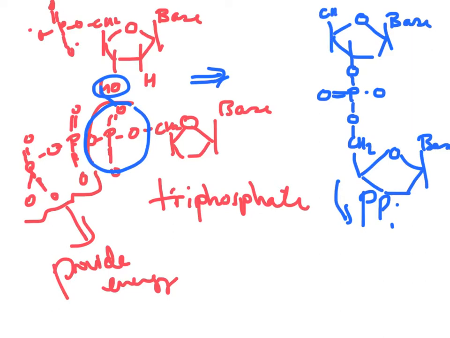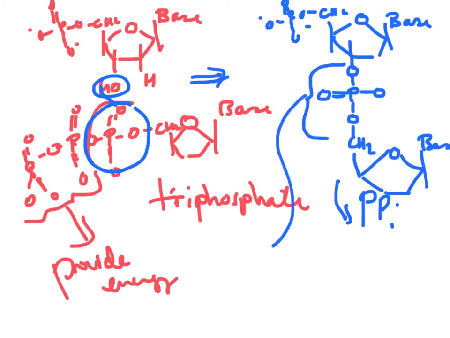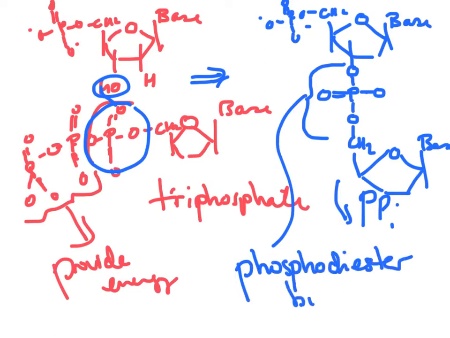And then if I finish drawing this one up here, this one only had 1 phosphate. And this OPO here is a phosphodiester bond. Ester has to do with having an oxygen linked between something and then another oxygen, and this is a diester.